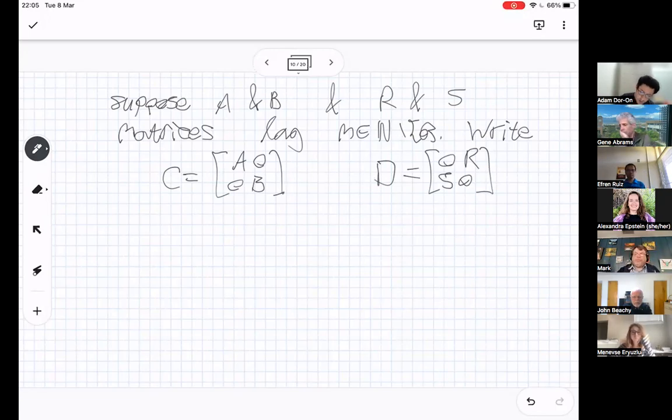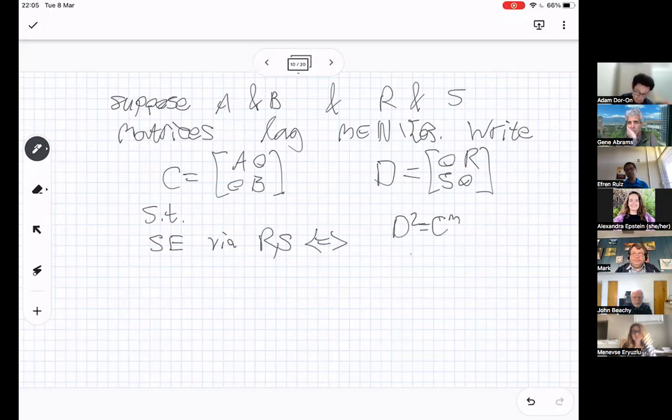So why do we do that? This is because the matrices A and B are shift equivalent via R and S if and only if we have 2 conditions instead of 3. So this is exactly the relations for shift equivalence.